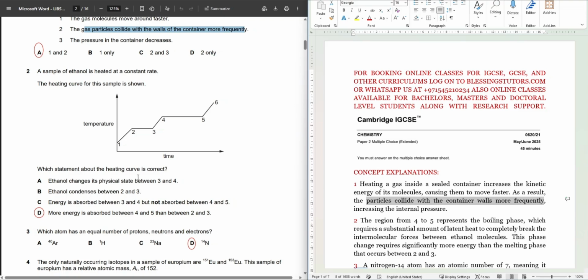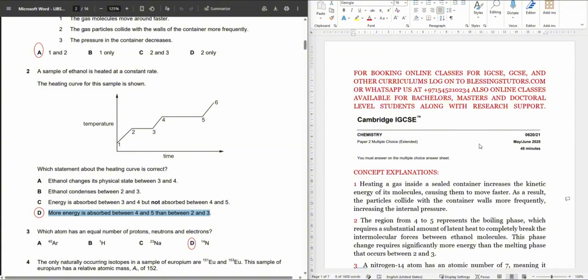The options given to us are: A, ethanol changes its physical state between 3 and 4. B, ethanol condenses between 2 and 3. C, energy is absorbed between 3 and 4 but not absorbed between 4 and 5. And D, more energy is absorbed between 4 and 5 than between 2 and 3.